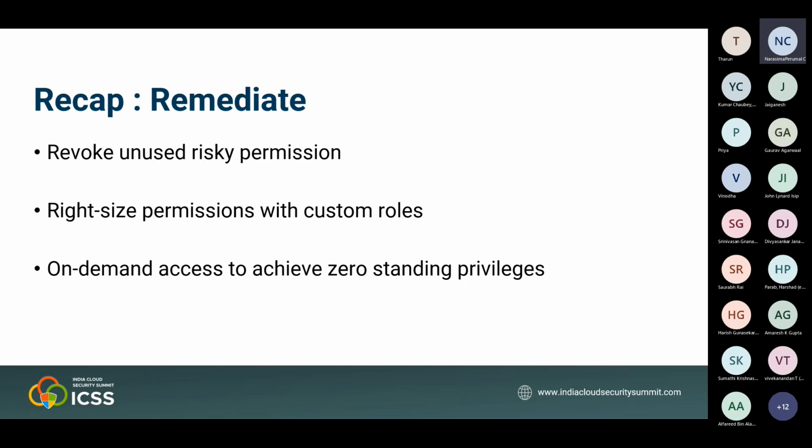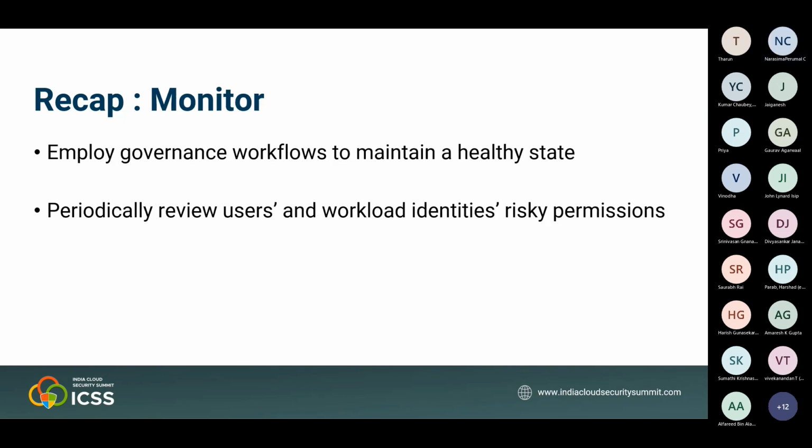We have seen how we can revoke unused risky permissions, and also how we can resize the permissions using the custom roles available in Entra permission management. And then we have seen how we can achieve zero standing privileges on demand using privileged identity management and the request access and approve model available in the Entra portal.